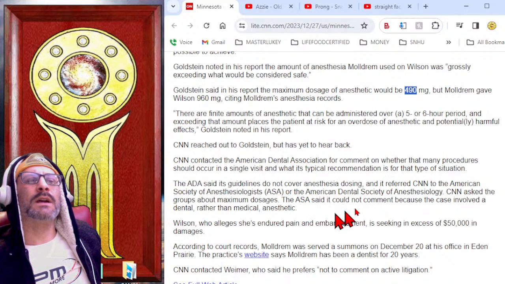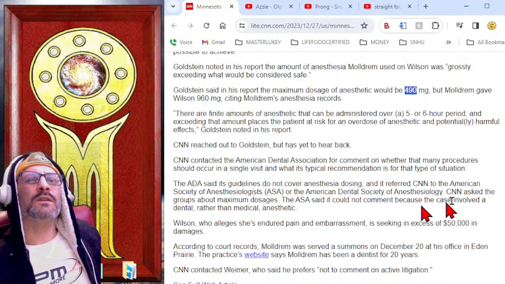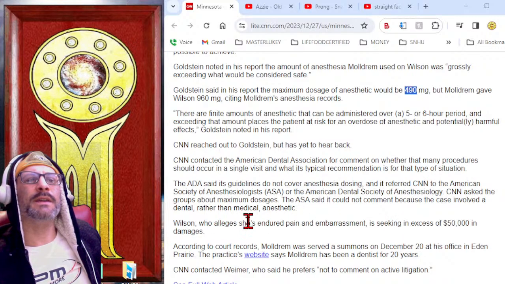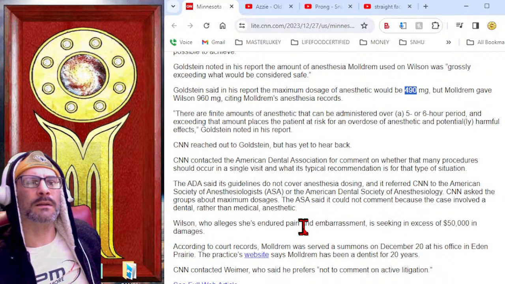The American Society of Anesthesiologists could not comment because the case involved a dental rather than medical anesthetic.